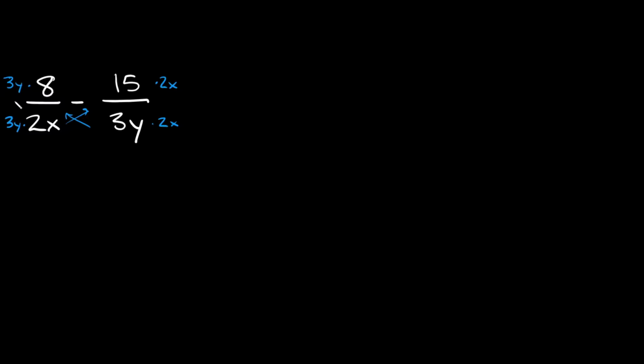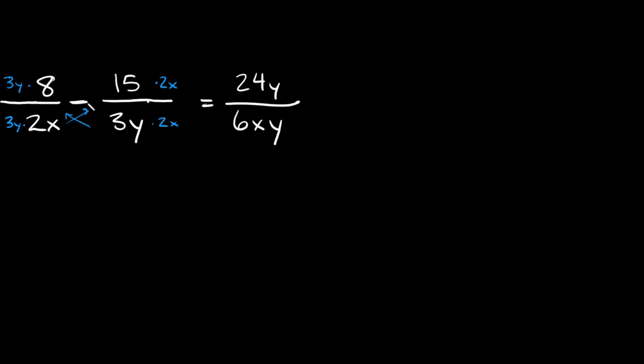So then if we simplify, this is going to be equal to, on top, 3y times 8. So 3 times 8 is 24, so we're going to have 24y. And that's going to be over 3 times 2, which is 6, and then we just have an x and a y, so 6xy.